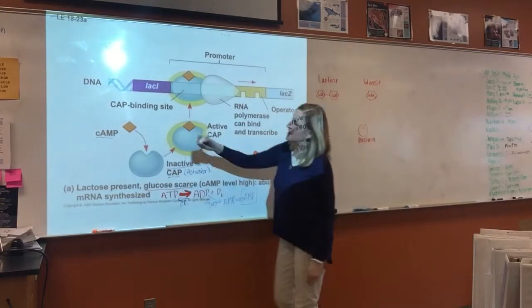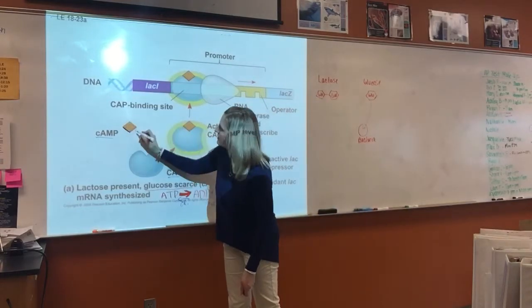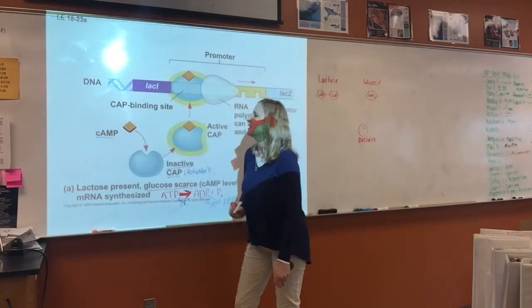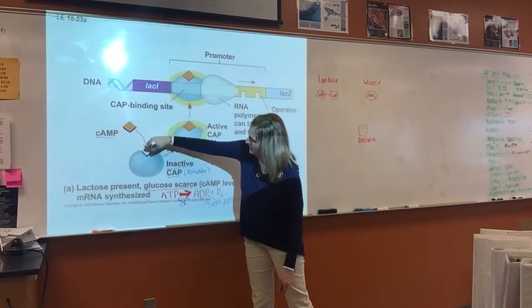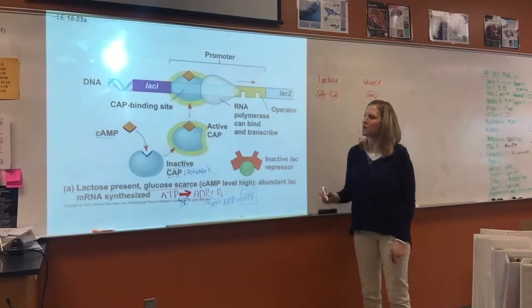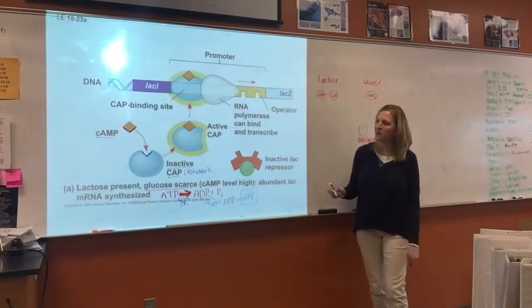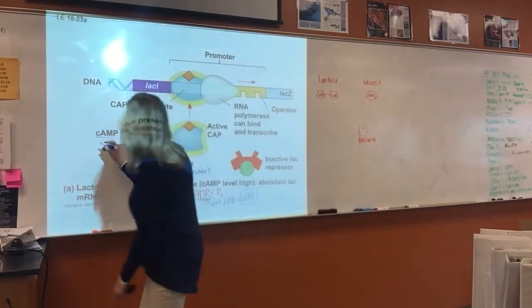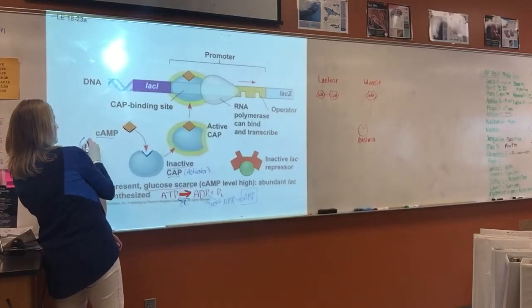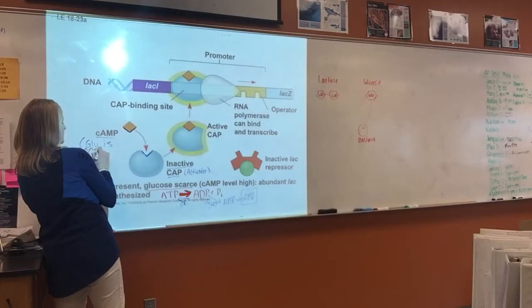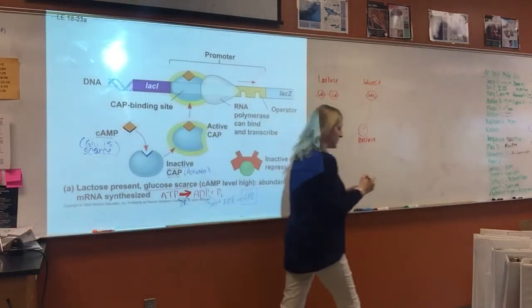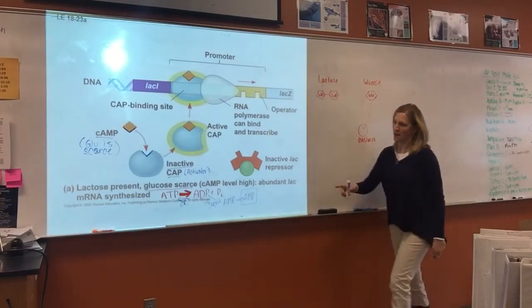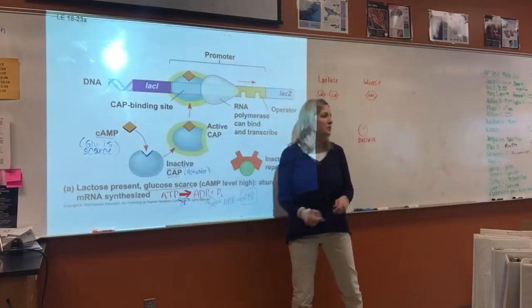So if you look here, cyclic AMP has a shape that's complementary to a shape on the CAP protein. Cyclic AMP is only found when glucose is scarce. So when there's little glucose, that's the only time we see that. It binds to the CAP protein, and what does it do according to this picture?